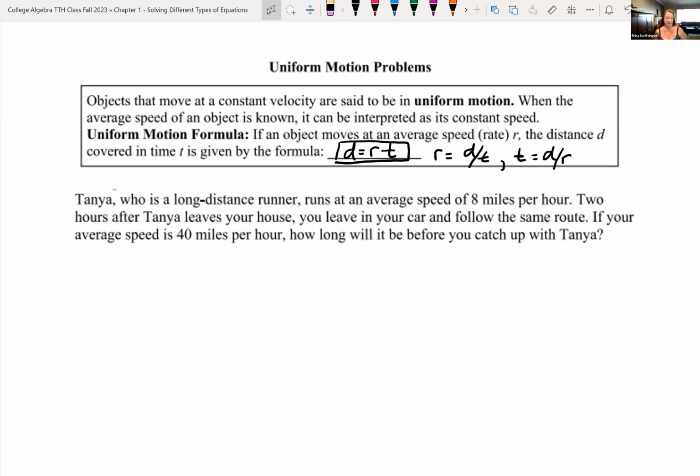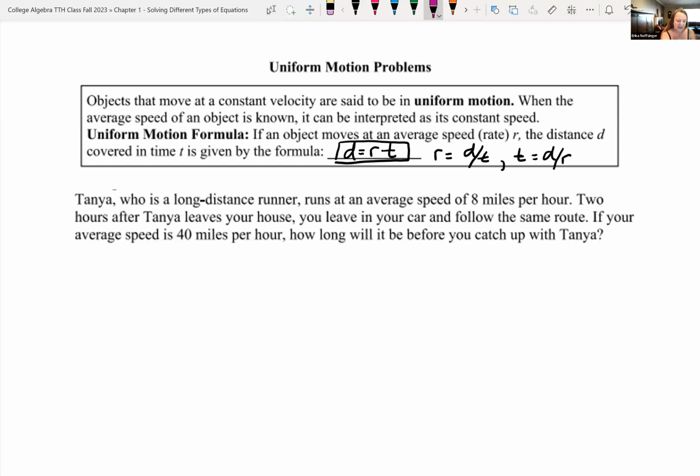So in an example of this, Tanya, who is a long distance runner, runs at an average speed of 8 miles per hour. 2 hours after Tanya leaves your house, you leave in your car and follow at the same rate. If your average speed is 40 miles per hour, how long will it be before you catch up with Tanya? Okay, so let's go through and pick out some information.